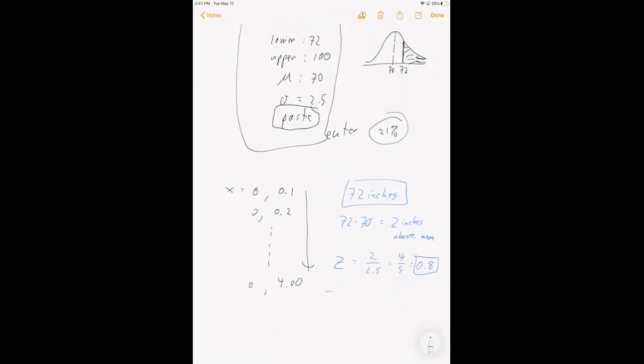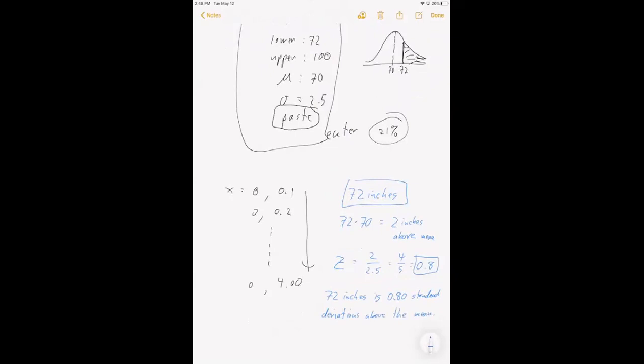Okay, so we could say 72 inches is 0.80 standard deviations above the mean.